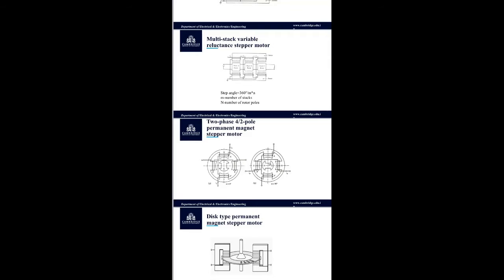North pole will align to the left side, and when it is de-energized from the phase A and phase B is energized, it moves 90 degree from its original position. So the direction of the rotation depends on the direction of the current in phase B. When current IB is positive, the rotor turns clockwise, and when negative, it turns anti-clockwise.